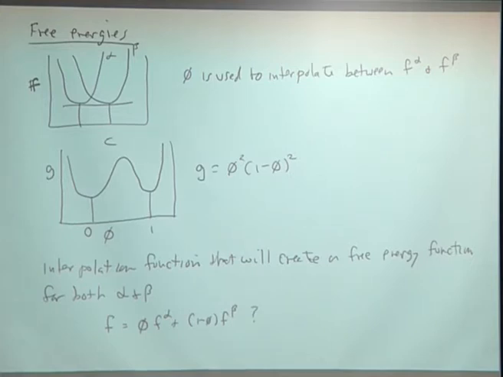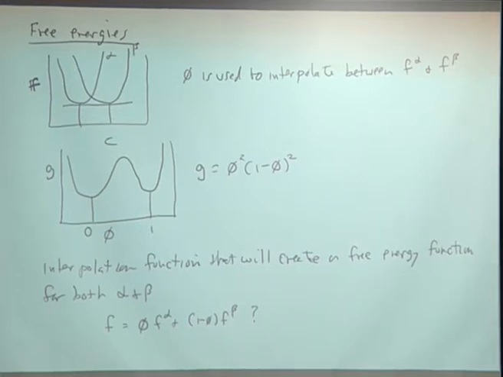When phi is equal to 1, you're in F alpha. And when phi is equal to 0, you're in F beta. And that's a reasonable interpolation function. It turns out it does not lead to very well posed evolution equations. And you need something that's very, very smooth and has very specific characteristics of the derivatives of this function near 0 and 1.